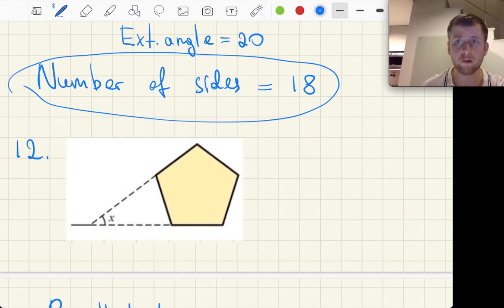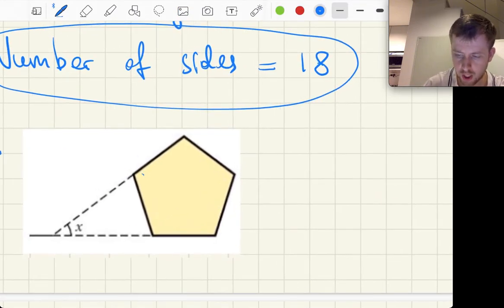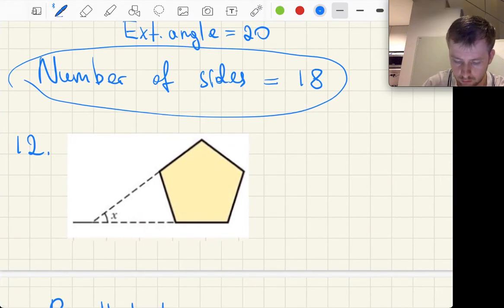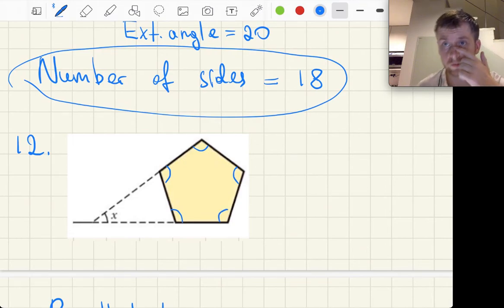So again, this is a regular pentagon. This means that all sides of it are equal, and all angles are equal as well.